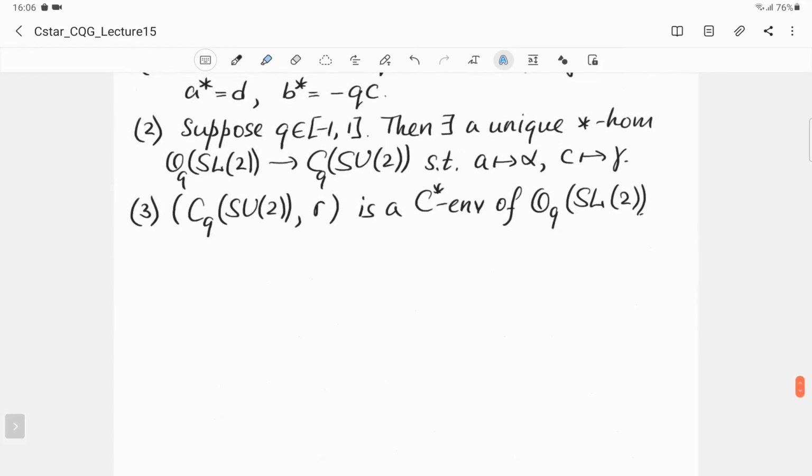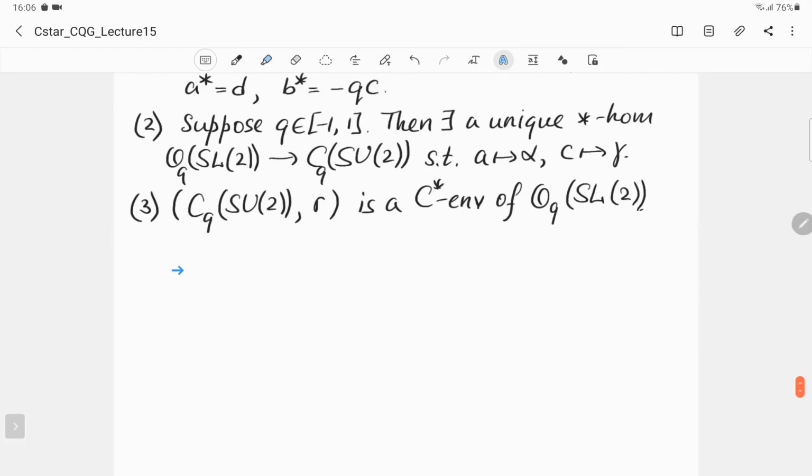So Manin considered the so-called quantum plane, which is a very fundamental algebra. This algebra is defined by two generators, x and y, and one relation, xy equals q yx. So he called this algebra the quantum plane.